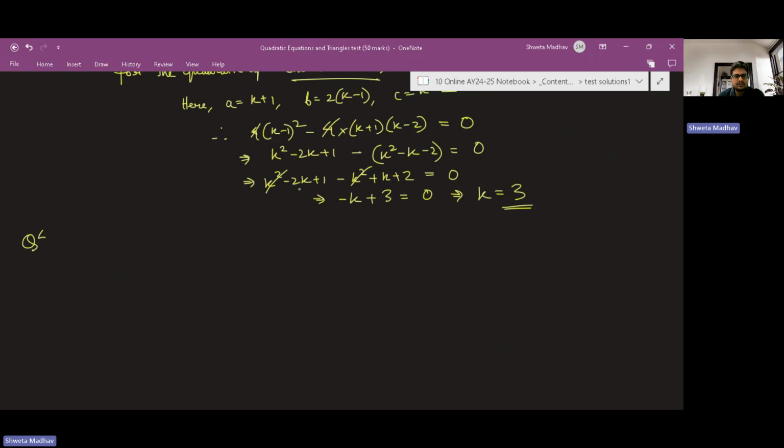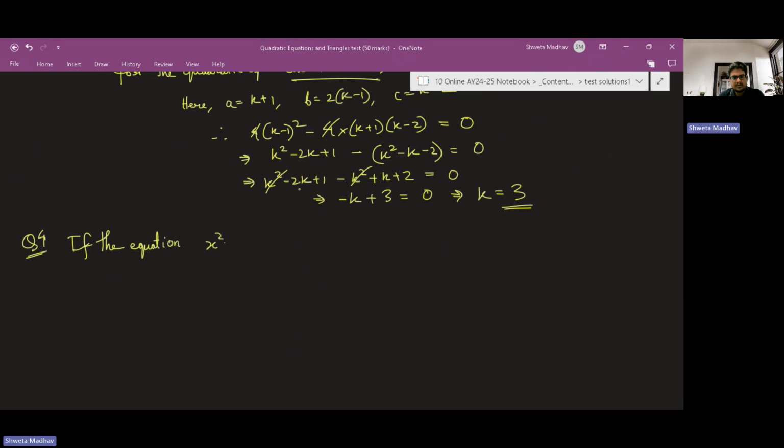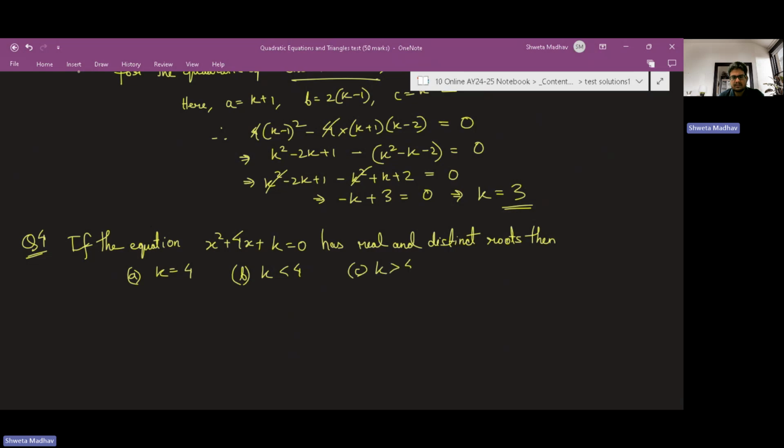Then in question number 4, it has been told that if the equation x square plus 4x plus k equal to 0 has real and distinct roots, then option A, k is equal to 4, B, k is less than 4, C, k is greater than 4, and D, k is not equal to 4.